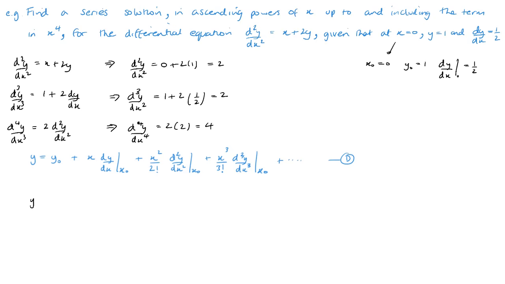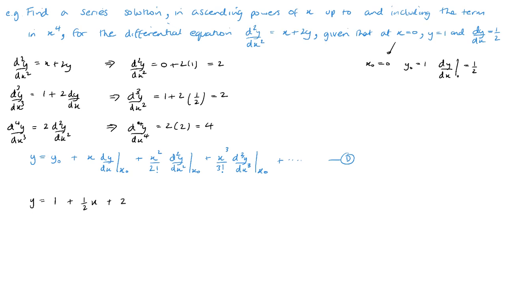So we've got y equals. Now y0 is 1 plus. Now we've got x times dy by dx of x0. So that's going to be dy by dx of 0, which is this one. So it's going to be a half x plus. Now d2y by dx squared is 2.